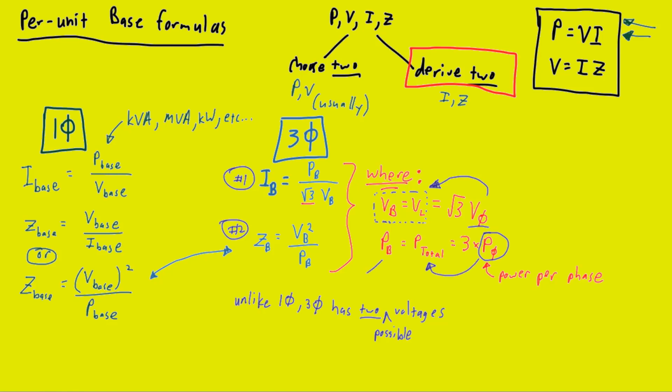So these two formulas are very simple, very easy to remember, but you need to understand that these do not work in every single case. They only work with the understanding that you are using line and total values as your chosen bases. And there is no such restriction on the single phase side. So notice there is a difference.